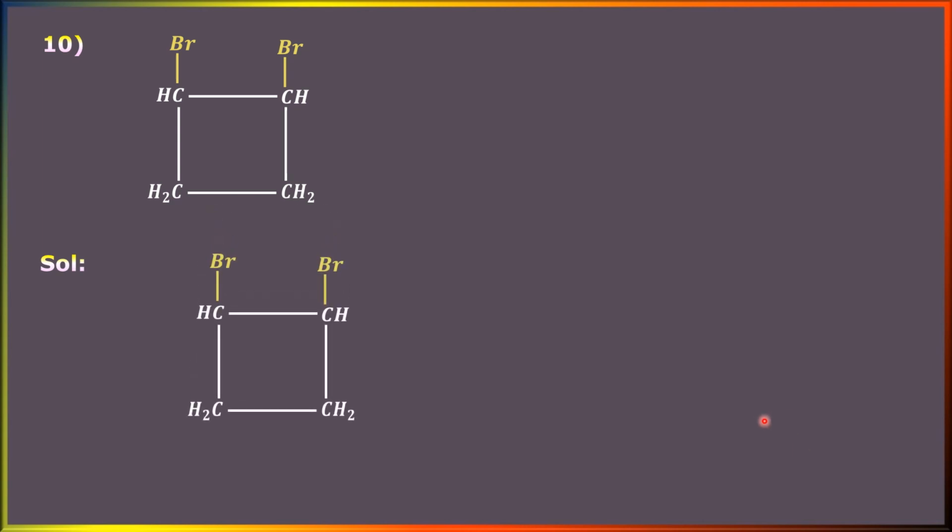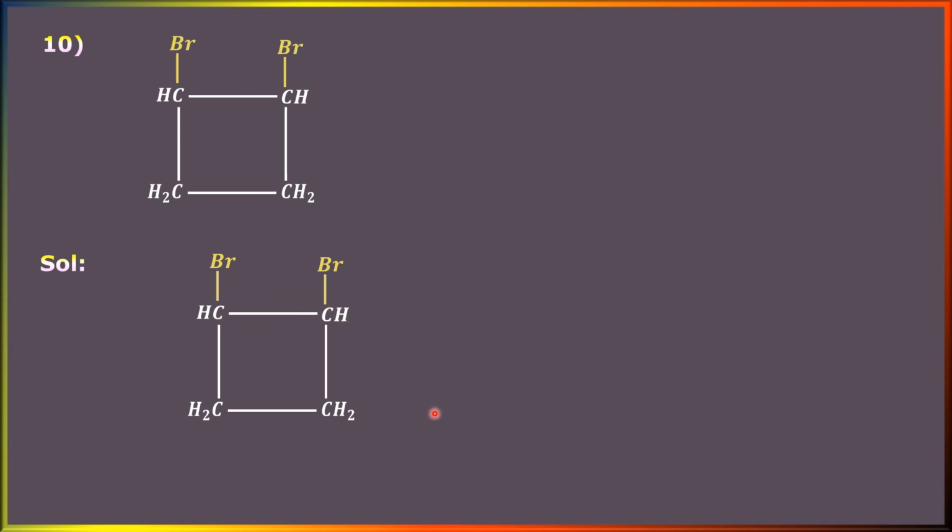Solution, you see here. In this alicyclic compound, carbon atoms are forming a ring. Here 4 carbon atoms are forming the ring, and 2 substituents, bromine atoms, are attached to 2 carbon atoms.